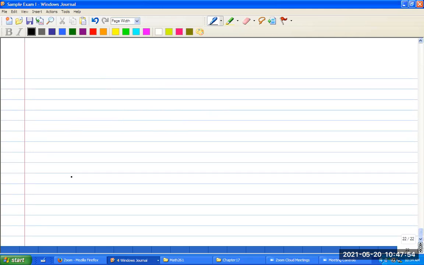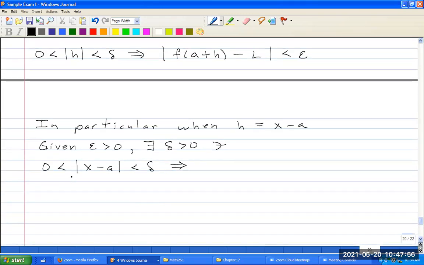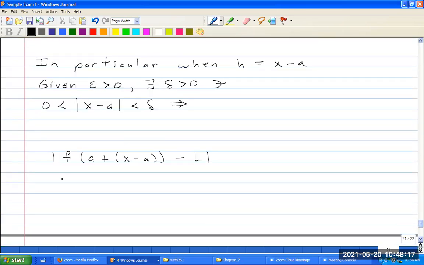Well, let's leave some more space than I need, and then I'll scroll. Okay, so then the absolute value of f of a plus h minus L is less than epsilon.